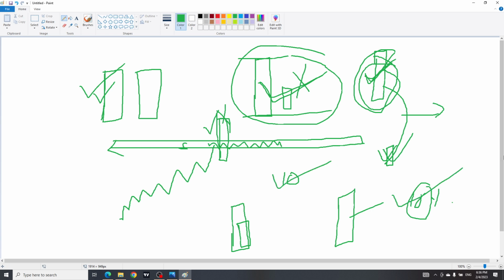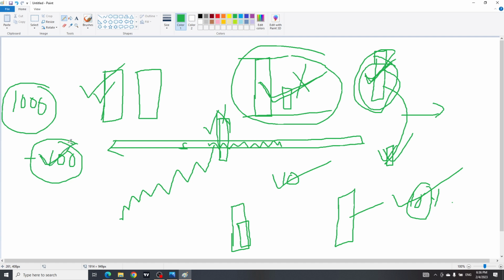More than 10% in the sense, let's say the total number of shares in a company is 1000. That means 10% means 100. Every day on average 100 shares have to trade. This is the 100 value.